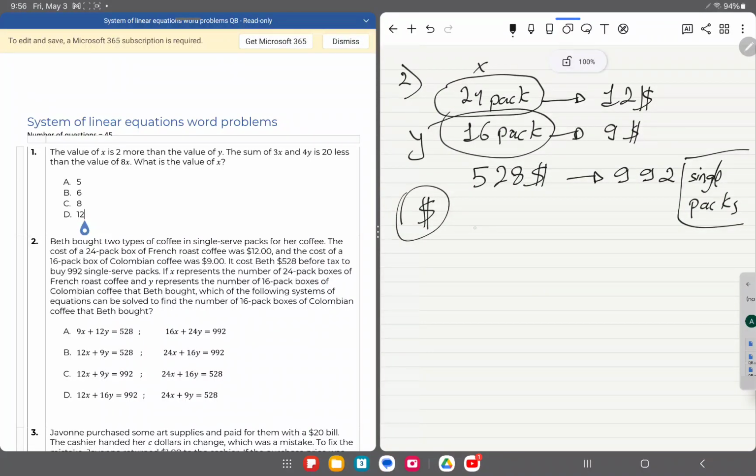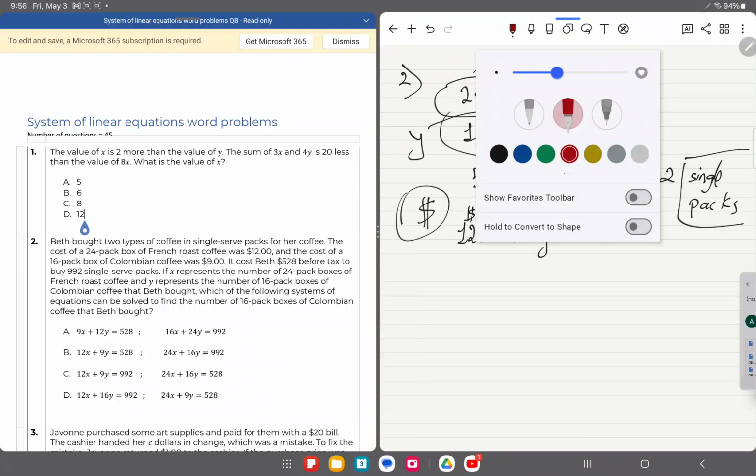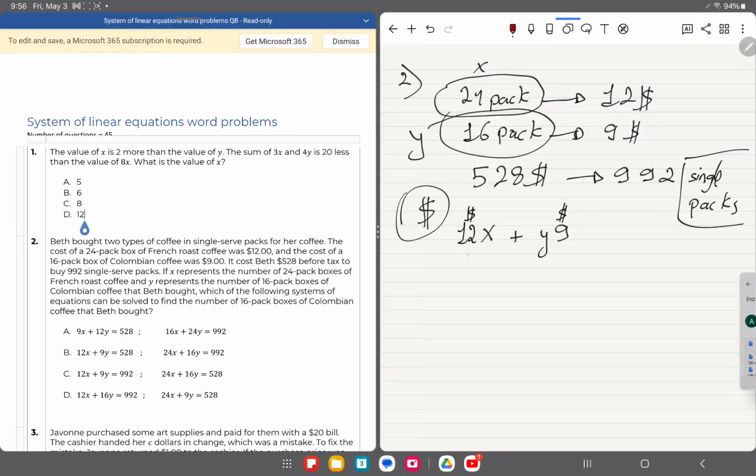If one 24 pack is $12, and one 16 pack is $9, I'm going to write dollars here. $12 is the 24 pack, and this y is the 16 pack.